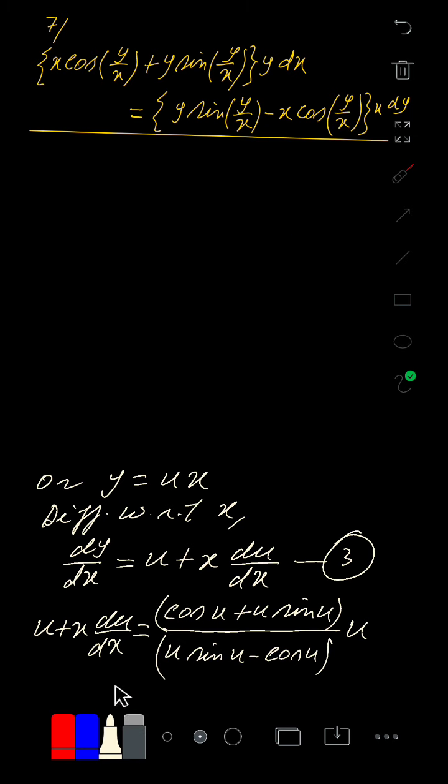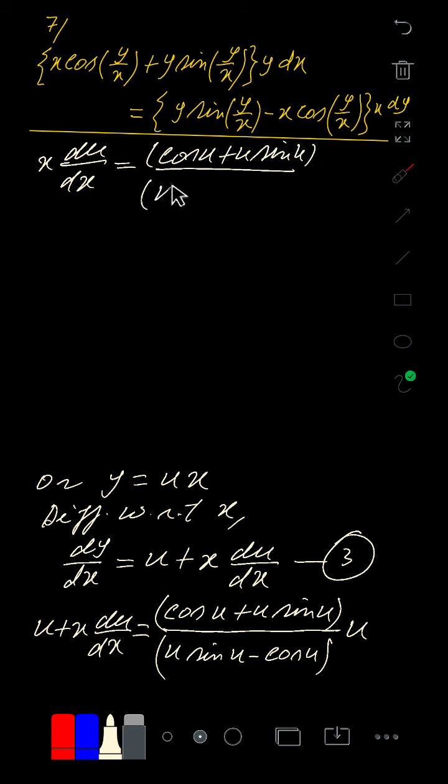Now proceeding from this step, transposing u to right hand side, we get x du upon dx on the left hand side, and on the right hand side we have cos u plus u sin u upon u sin u minus cos u into u and minus u. This u becomes minus u over there, so we have this expression.